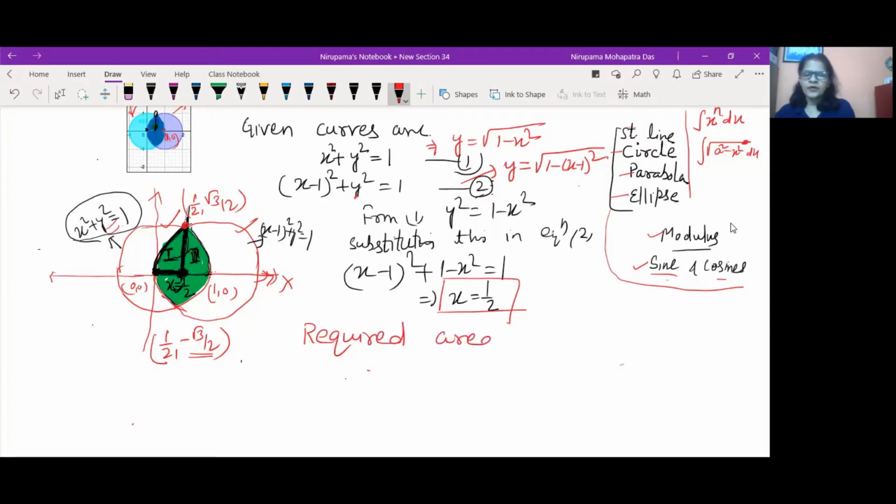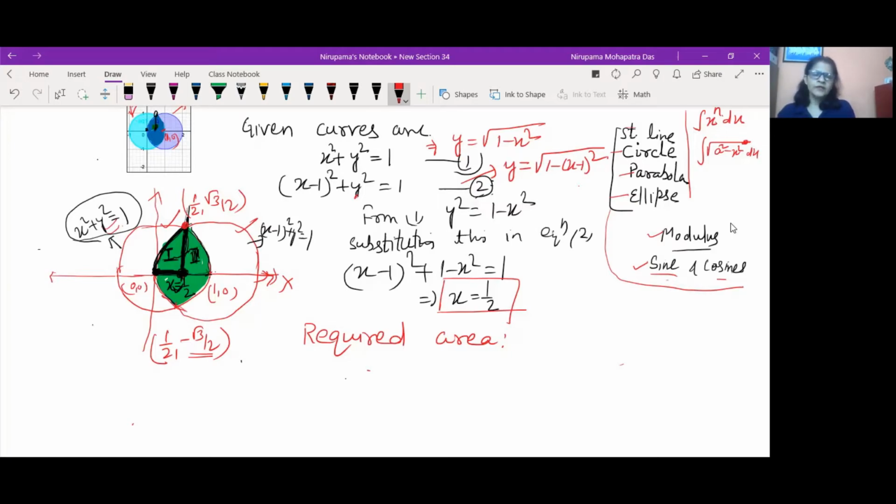Using integration. So required area, as I said, we are going to find the area of the region bounded by the curve above x-axis, then multiply by 2 to get the whole area. Second thing is the area of the region above x-axis. Again, it is bounded by two curves, right?